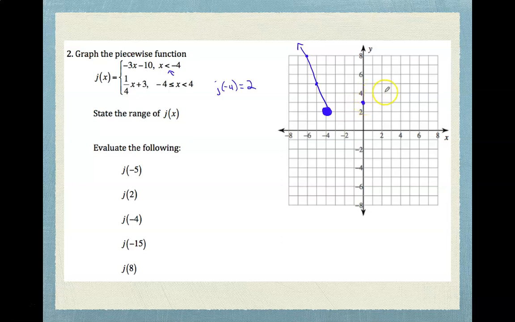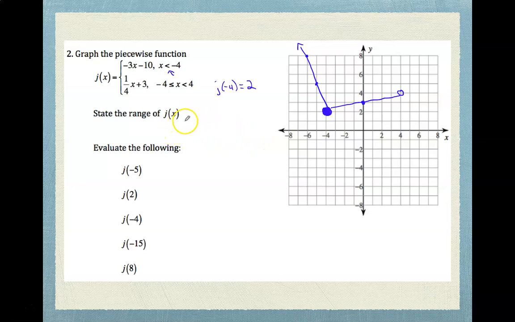Now I'm going to go up 1/4 one more time, and that leads me here to where x is 4, but x is not allowed to equal 4. We are going to go all the way up to 4 and then stop. So pretending that this line is nice and straight with a slope of 1/4, this is how I find my second piece.